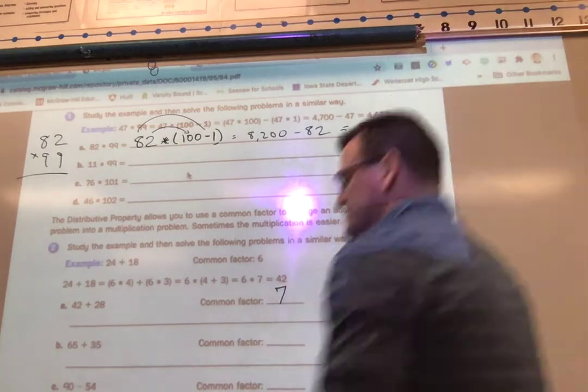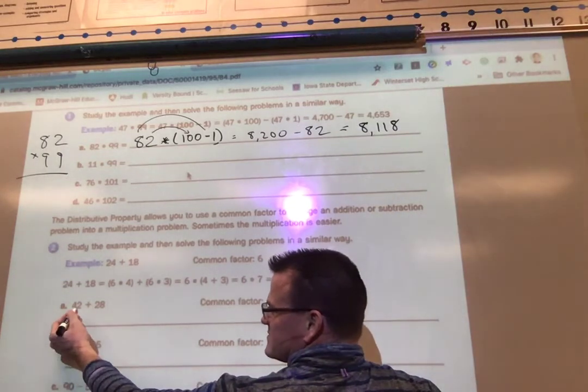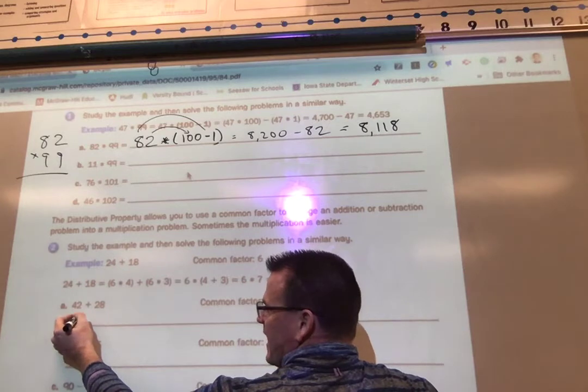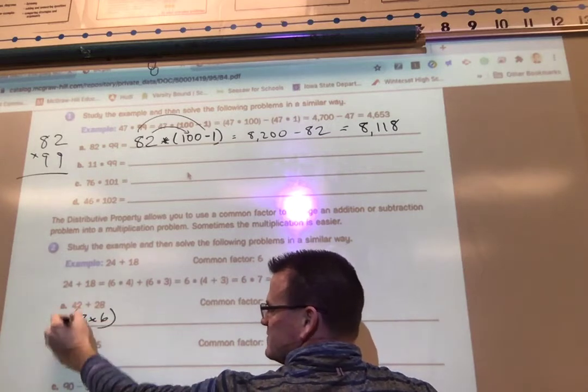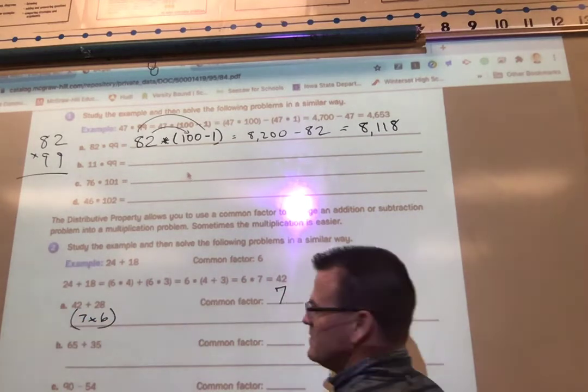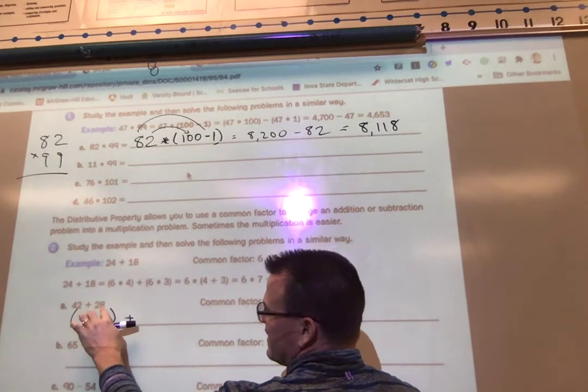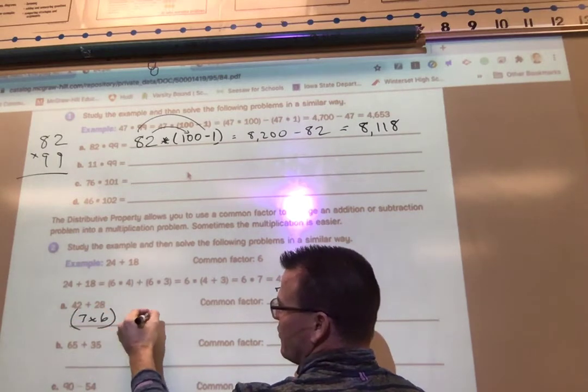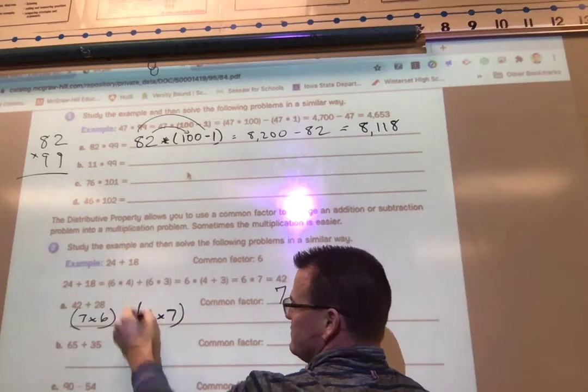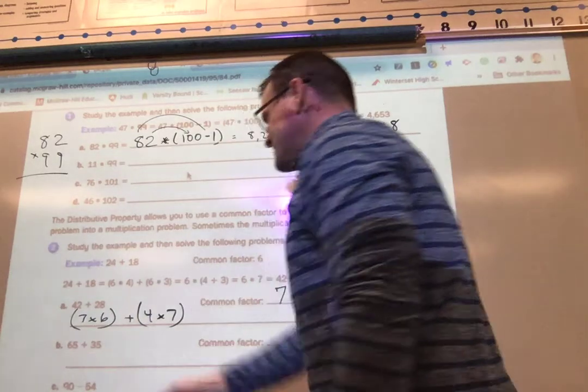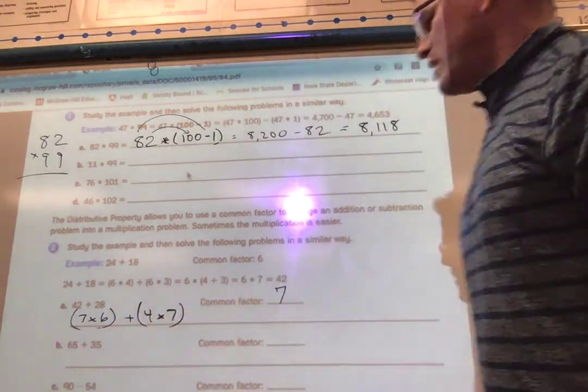If I think about 42, I know that's 7 times 6. So I'm going to put that together. That's 42, plus 28, which is 4 times 7. This is still 42 plus 28.